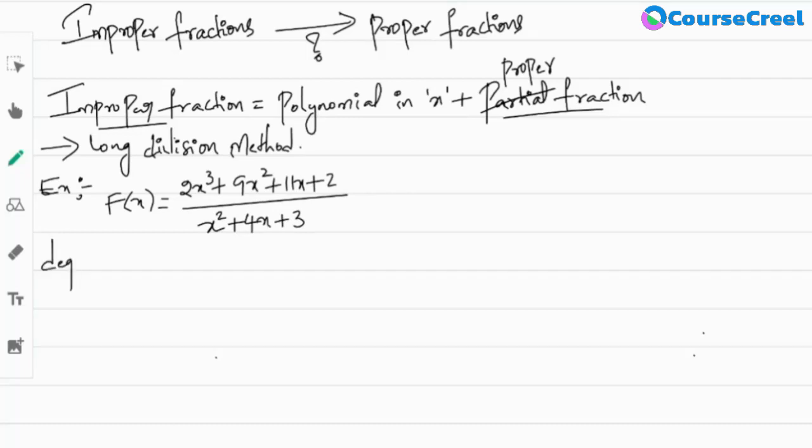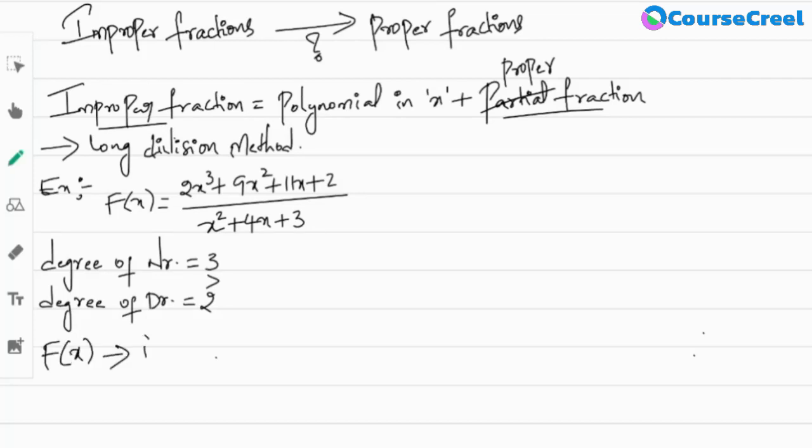Here the degree of numerator is 3 and the degree of denominator is 2. Clearly, the degree of numerator is greater than the degree of denominator, which means the given f of x is an improper fraction.